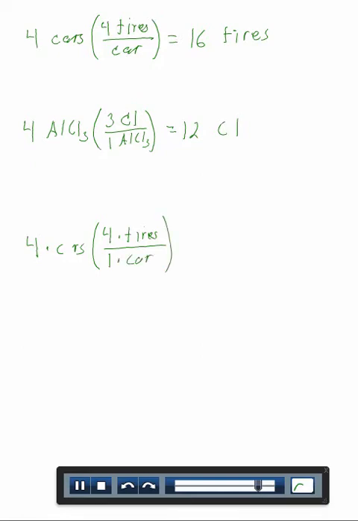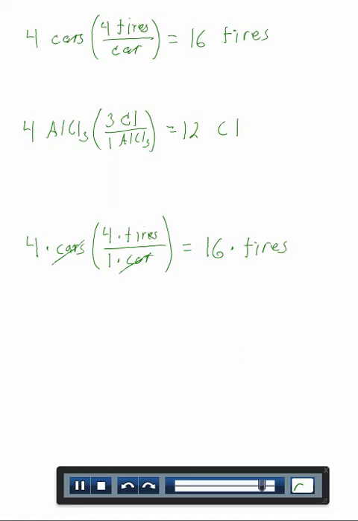So cars cancels, and I'm left with 16 times tires. So I'm going to use atoms and molecule names just like cars and tire names, so they can cancel.